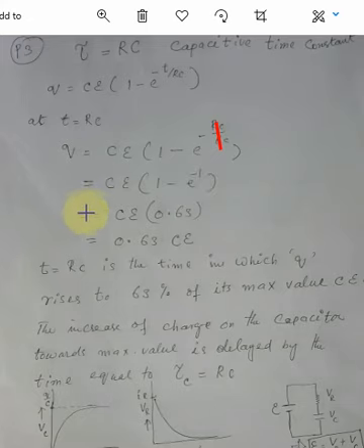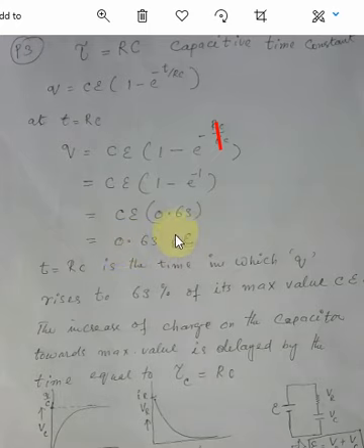So Q will be equal to 0.63 times CE. At which time? At time t equal to RC. So t equal to RC gives us Q equal to 0.63 times CE.